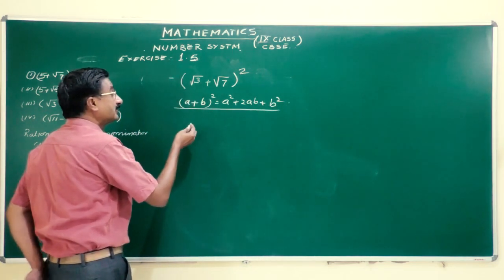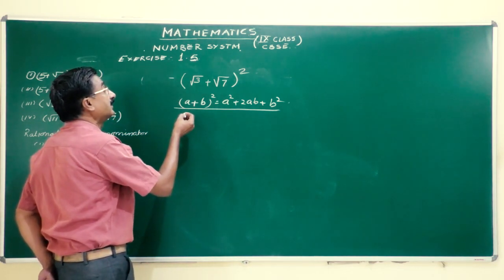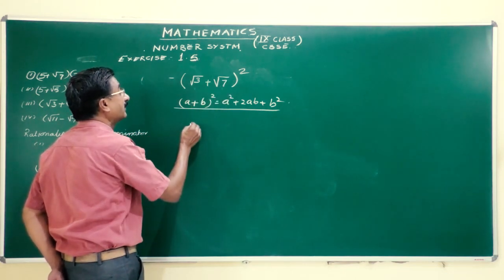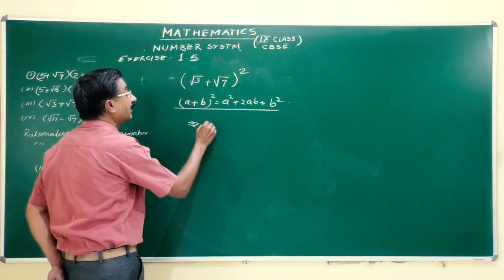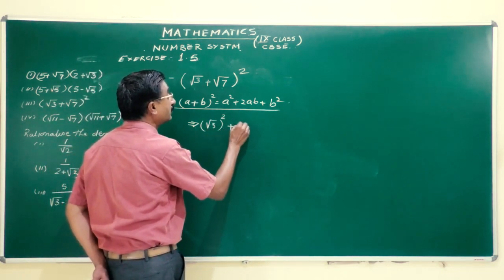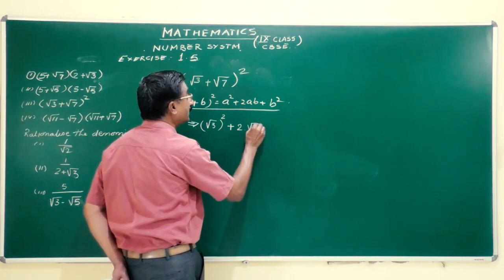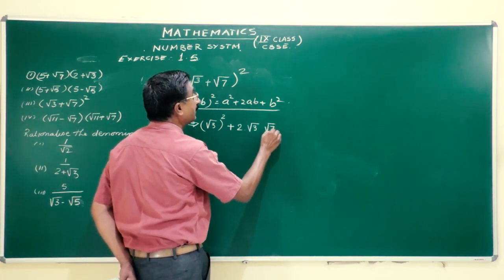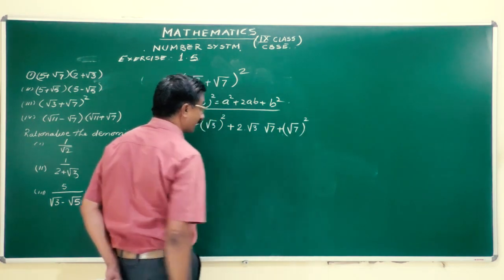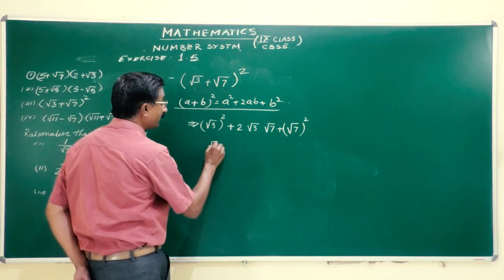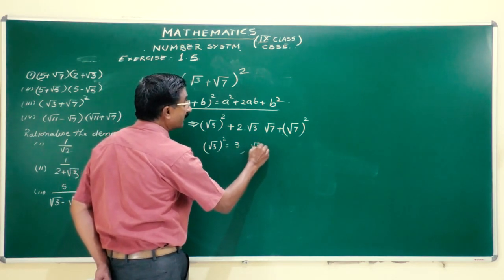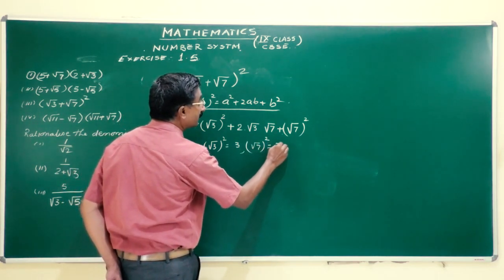This is a very common and very useful identity. So root 3 plus root 7 whole square means root 3 whole square plus 2 times root 3 into root 7 plus root 7 whole square. The value of root 3 whole square is 3, and root 7 whole square is 7.